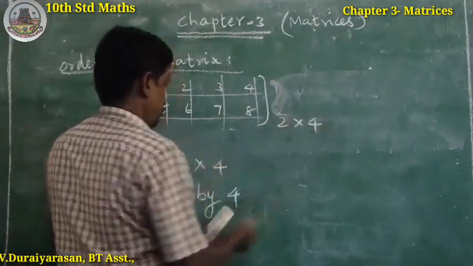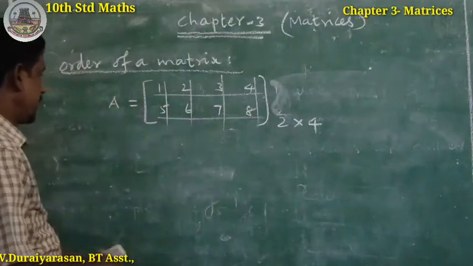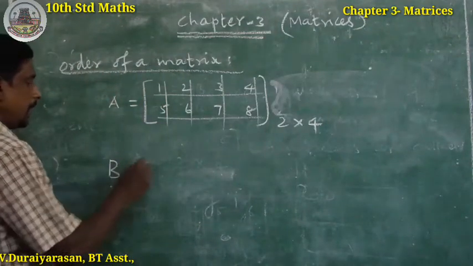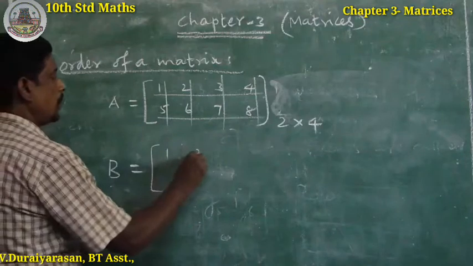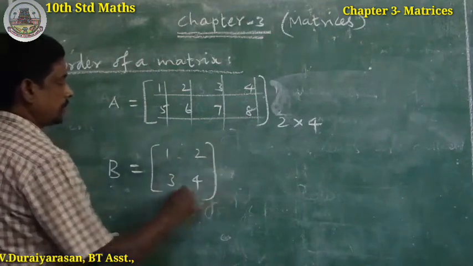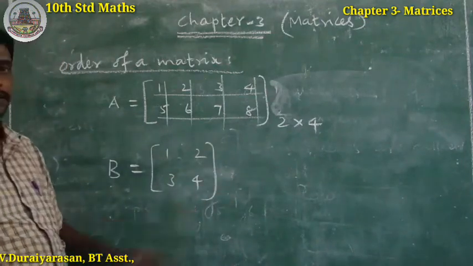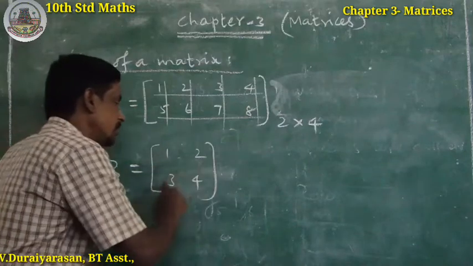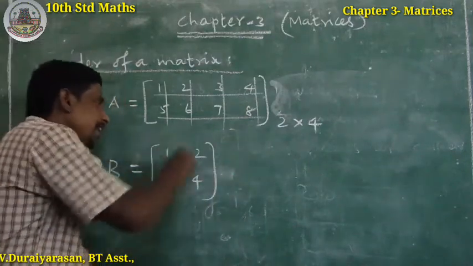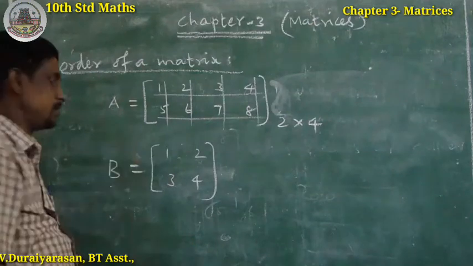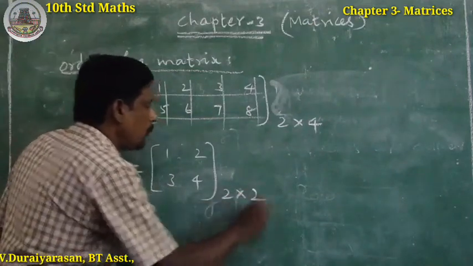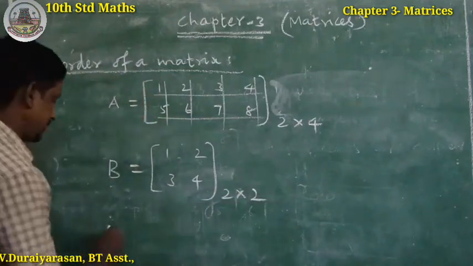Another example: capital B is equal to 1, 2, 3, 4. What is the order? How many rows? 2 rows. How many columns? 2 columns. So what is the order? 2 by 2. Right.